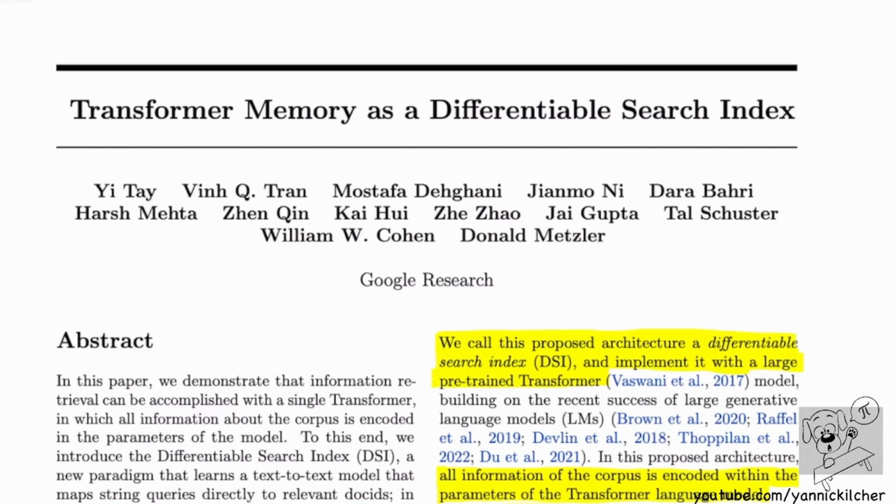So it takes the corpus and trains the transformer, and then at the end they can just give a query to the transformer, and the transformer will output the ID of the document that matches. And it turns out for some datasets that they have, for some settings, and with some clever training and representation of the documents, that can actually work, which is really crazy.